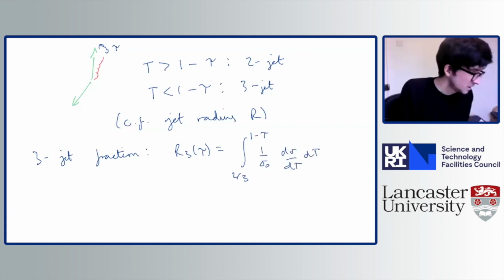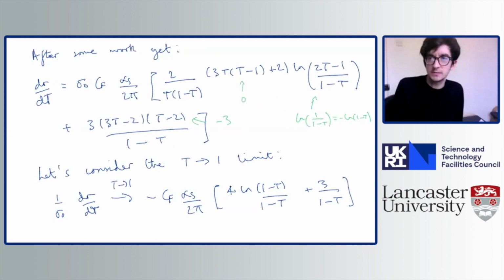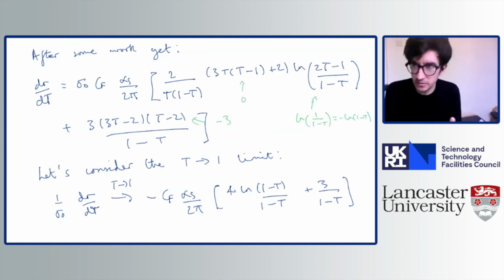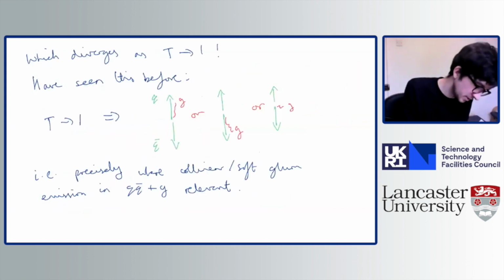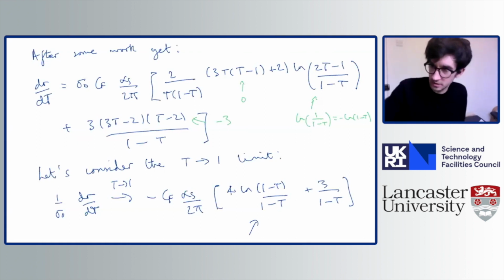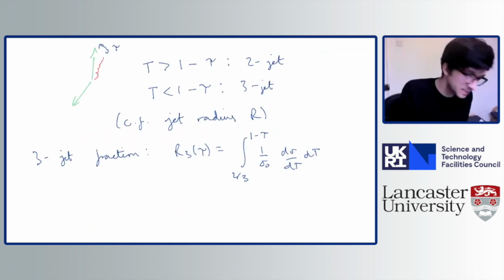Now, I can take the general expression if we wanted to, which is up there, and integrate it, but it's a little bit complicated to do, certainly by hand, so we don't want to do that. But what I'll do instead is focus on a particular limit, because that's where we're interested, and then I'll comment on it in the end. So instead of focusing on that top expression, I'm just going to integrate up that bottom one. So I'm going to focus on the thrust goes to one region, and then I'll justify that in a second.